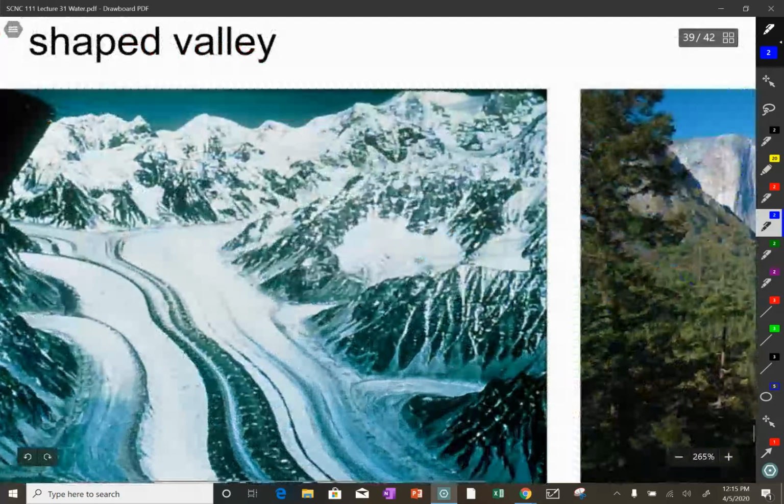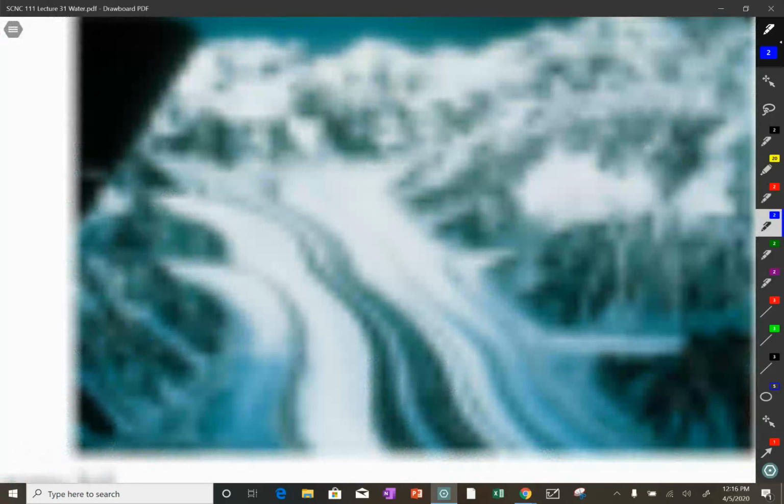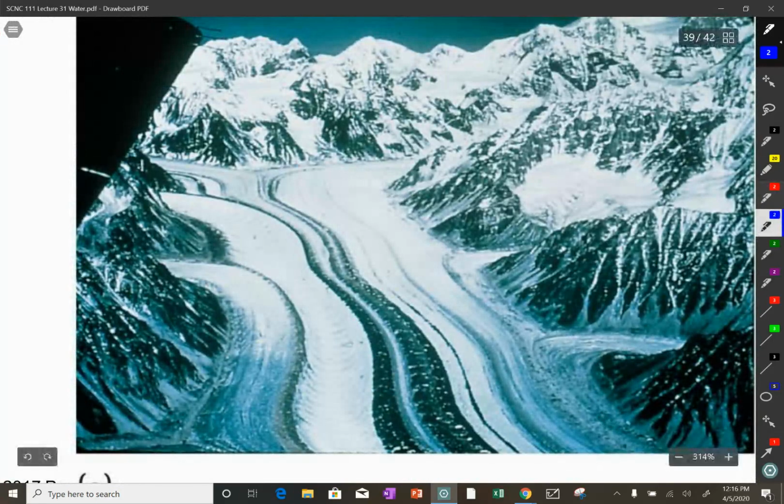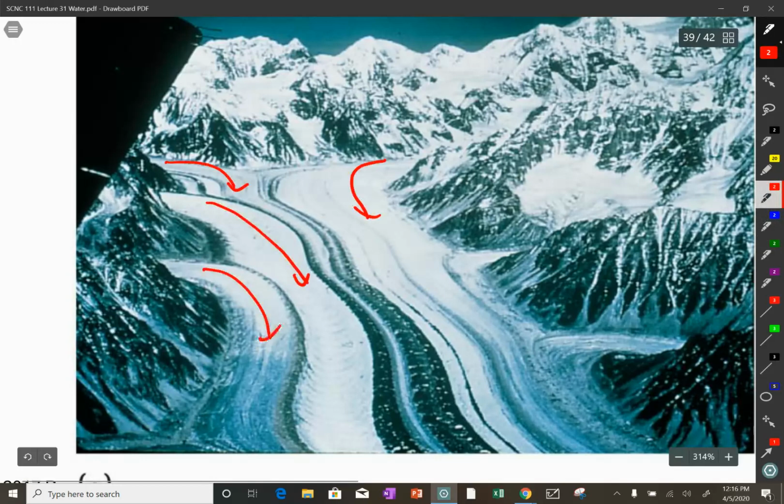Now this here is showing a flowing glacier. You have ice that is flowing down like this, flowing in like this, flowing like this. What's all that black stuff? That black stuff is called moraine. It's ground up rock. And this is side moraine. That is, it's moraine, ground up rock from the sides of the glacier. So if I follow some of that, here's the side of this glacier, and then here it merged.